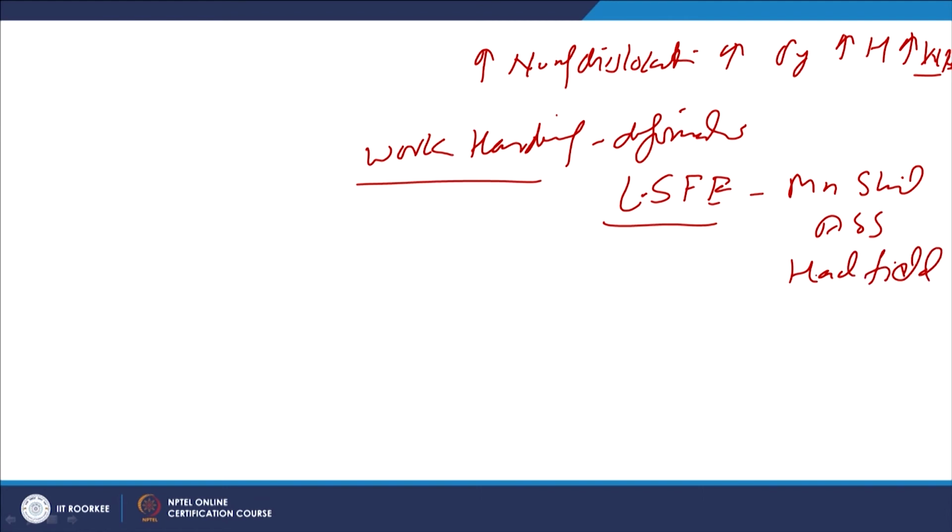A little increase in the dislocation density increases the hardness and strength significantly, and we will see that. So, work hardening through controlled deformation increases the hardness of the low stacking fault energy materials significantly.